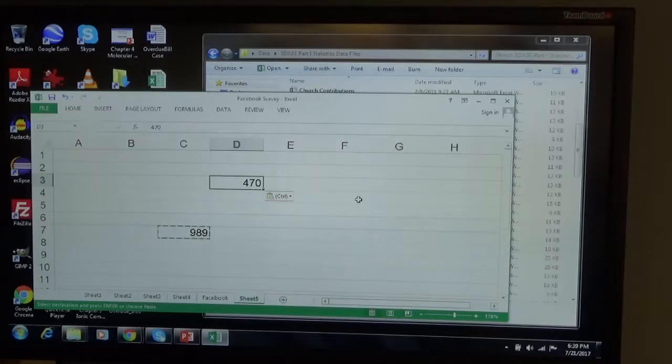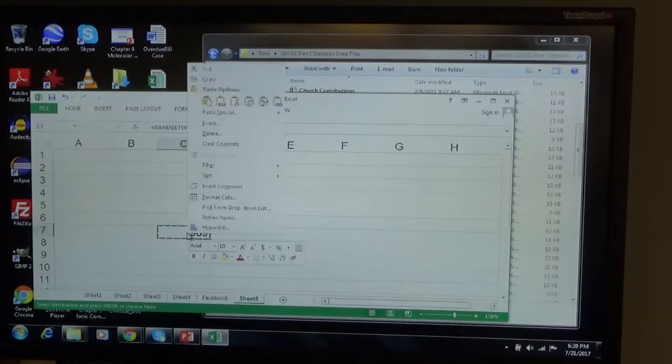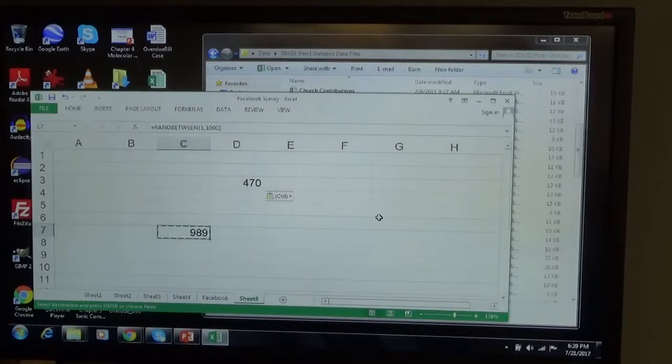Oh, see, when we copy, this number changes again. It's a random number. But anyway, this is how we generate a random number. Easy. That's the whole idea.